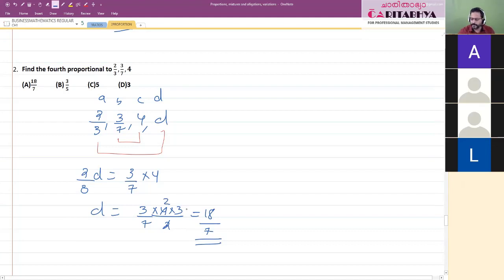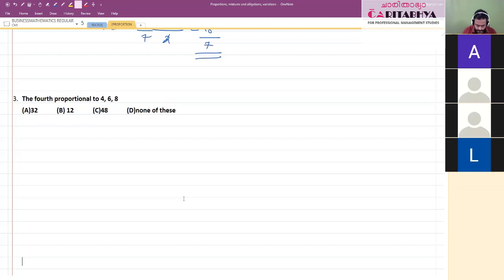Product of extremes will be equal to product of means. Okay, right answer.